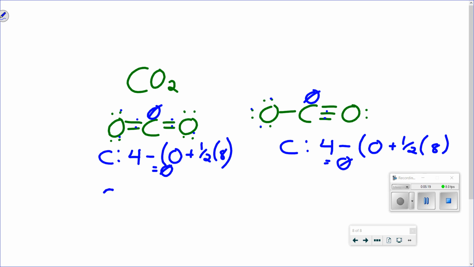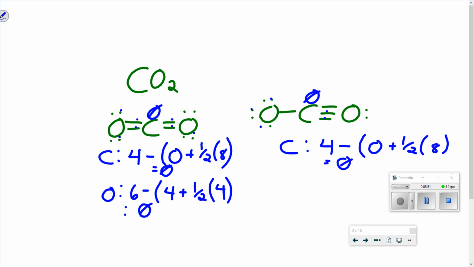Let's look at the oxygen over here. Oxygen over here is coming in with 6 minus, you've got 4 unbonded electrons plus 1/2 of 4, excuse me, which is going to give me a total of 6 minus 6.